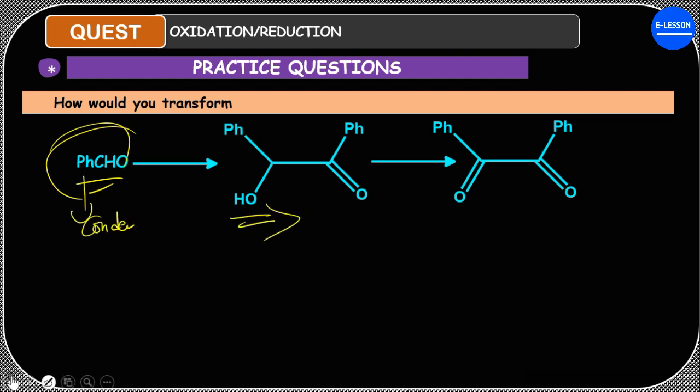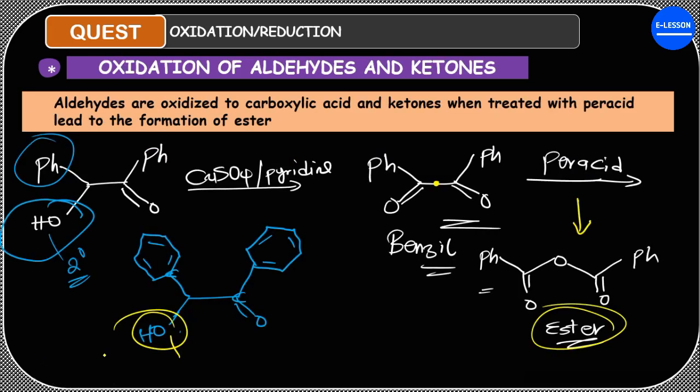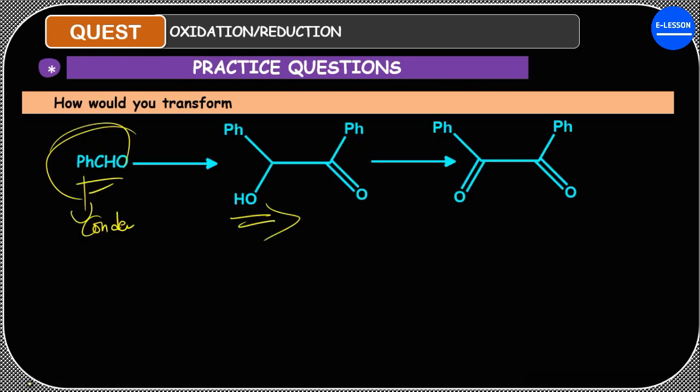Then this, you cannot come here easily to transform this to this using what? Using copper sulfate and pyridine, right? We can still remember to convert this to this. This particular one will undergo a condensation reaction. So make your research, and then we are going to look at it together.